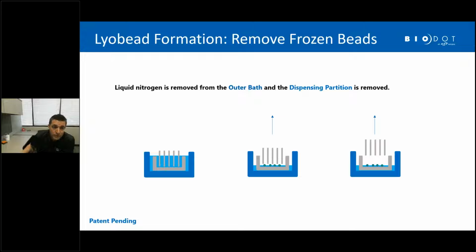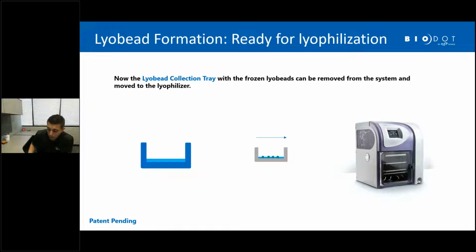Once you have your beads, it's time to remove the liquid nitrogen from the bath. That's either done through a drain or you just let the liquid nitrogen evaporate. The assembly for the partition needs to be removed. And then you can take out your tray from the liquid nitrogen and move it to lyophilization. There's typically a trace amount of liquid nitrogen still at the bottom of the tray.